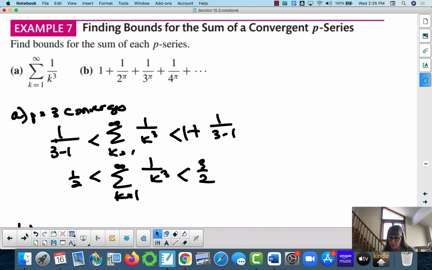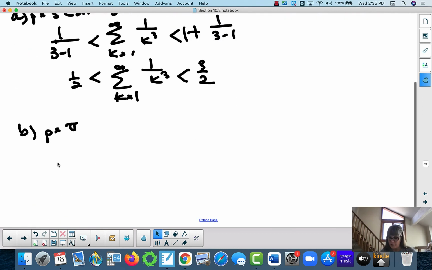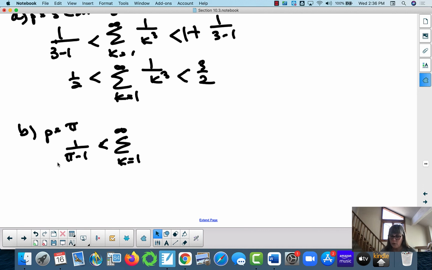Part B, P is equal to pi. So again, greater than 1, converges. So it's 1 over pi minus 1. Notice that this is 1 over k to the pi, so that's how we want to write it when we write it for the bound.